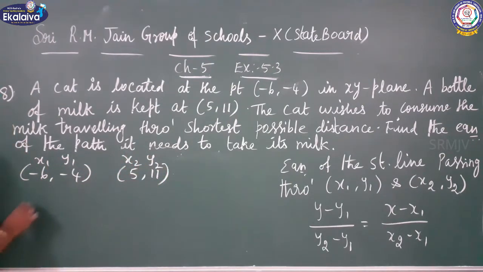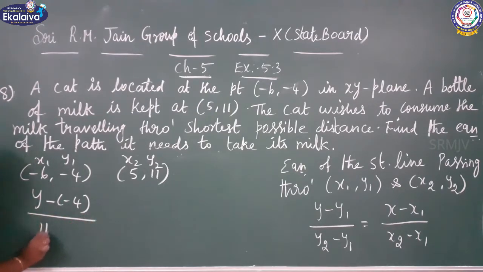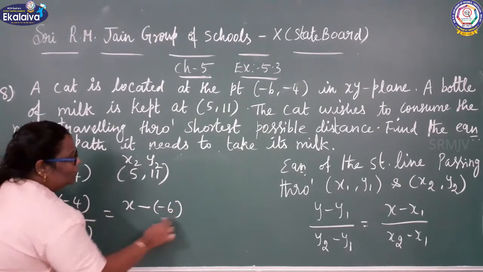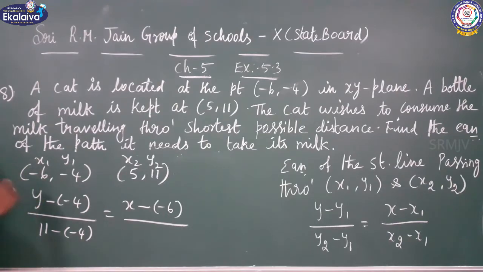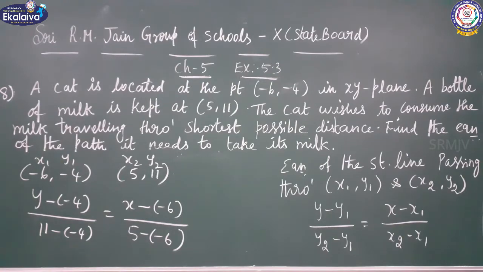So you can substitute: y minus of minus 4, y1; y2 is 11, minus y1 value, minus of minus 4. y minus y1 by y2 minus y1 equal to x minus x1, where x1 value is minus 6, by x2 minus x1, which is 5 minus of minus 6.